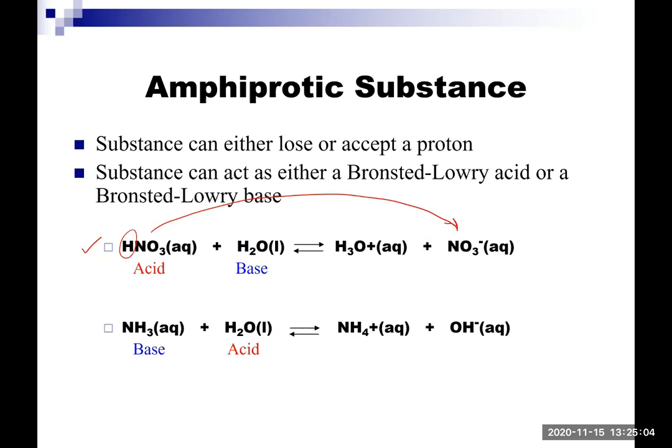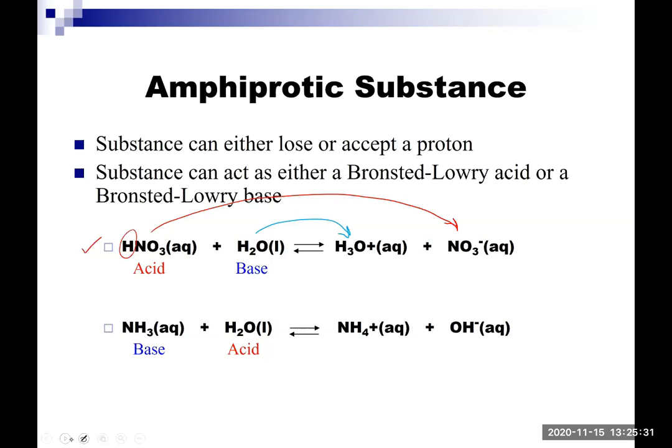If nitric acid is behaving like the acid and donating its proton, that means that water is behaving like a base and accepting a proton. And when we evaluate what's happening from reactant to product, we see that H2O becomes H3O plus, and therefore accepted a proton and indeed is behaving like a base.